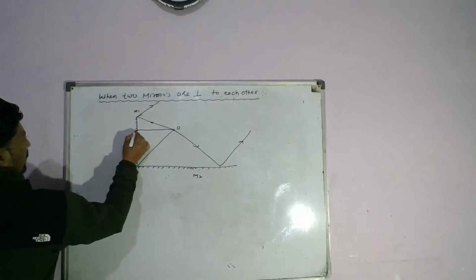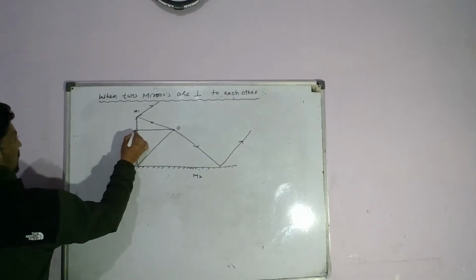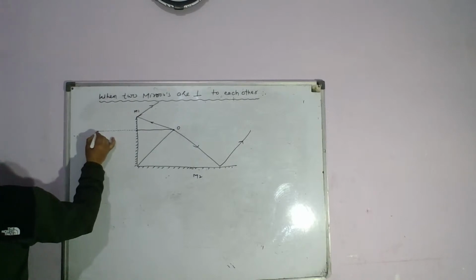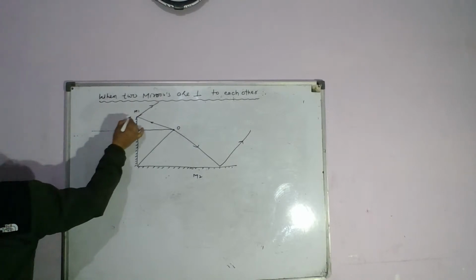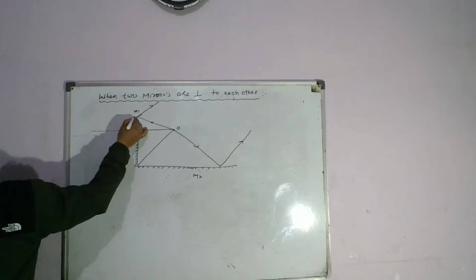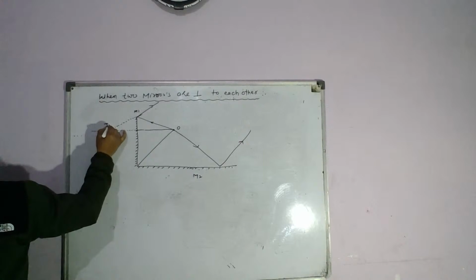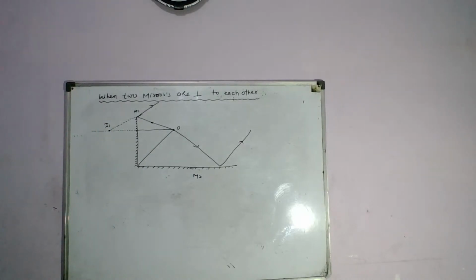This distance is equal. So it means the first image is formed here, I1, clear?